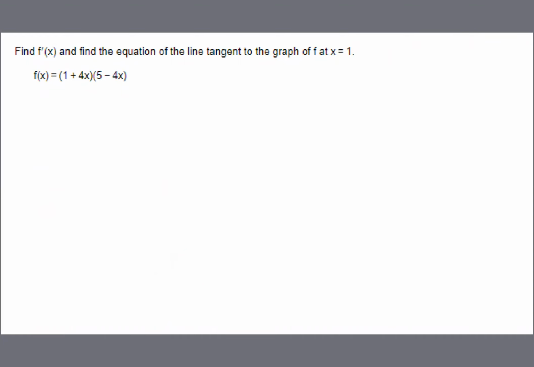Okay, so in this example, we're going to have two parts. We're asked to find f prime of x. Okay, so my pen is not working for some reason.